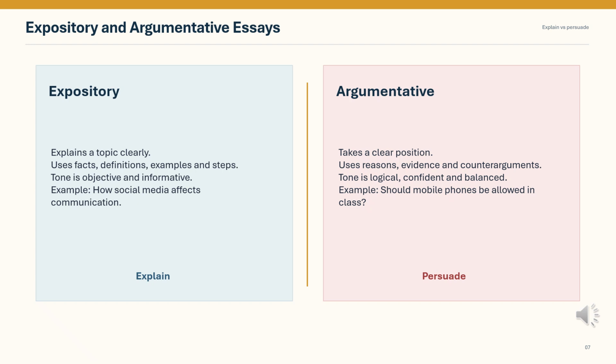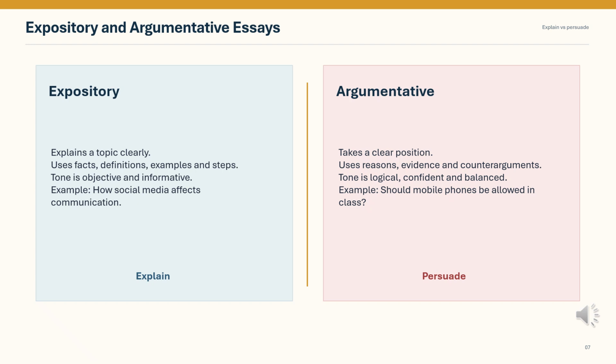So the tone that is used in an expository essay is usually objective and informative. For example, how social media affects communication can be written as an expository essay if we are simply explaining the effects without taking a strong side.